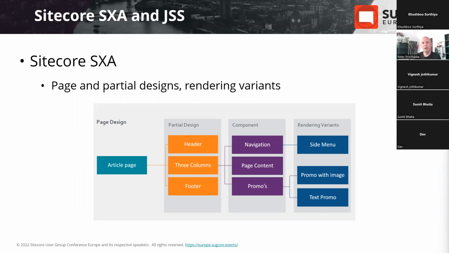Basically, they can compose pages with these functionalities without the need for a developer to do the changes or prepare these. They can put their components there, and when you are creating a new page using that page design, it will already have all the components, which is a really nice feature.